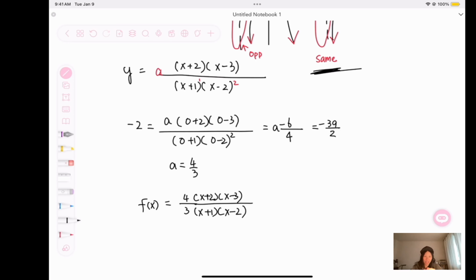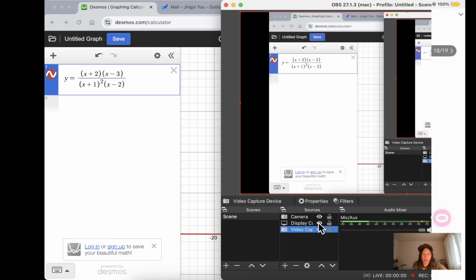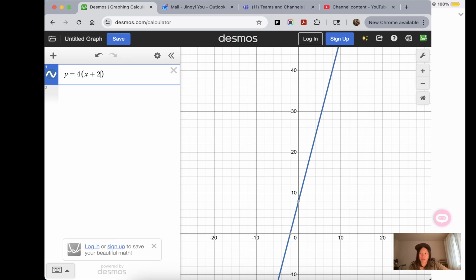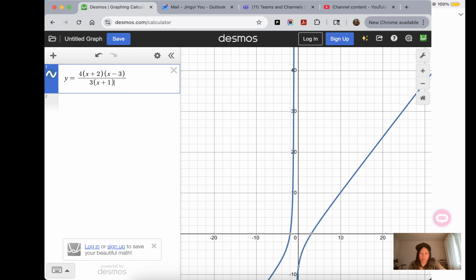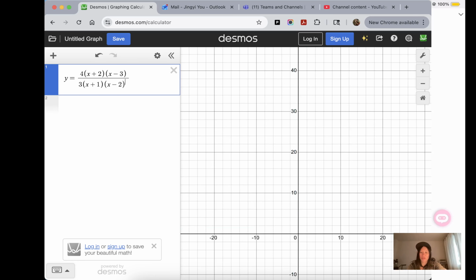Again, always check this with a graphing tool to see if it matches the graph that was given. Okay, let's take a look. y equals -4 times (x plus 2)(x minus 3) over 3 times (x plus 1)(x minus 2) squared.